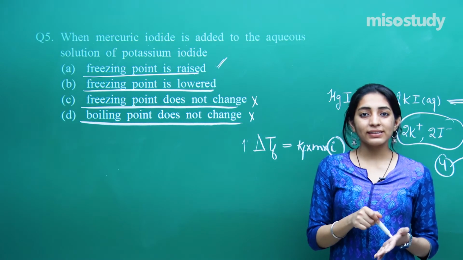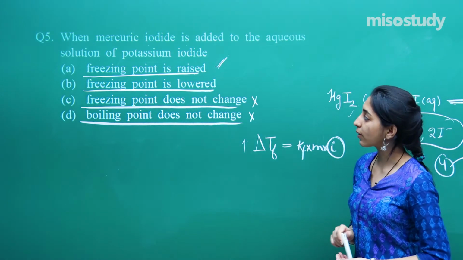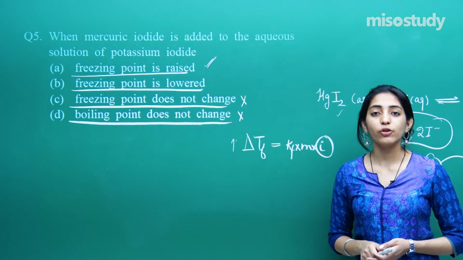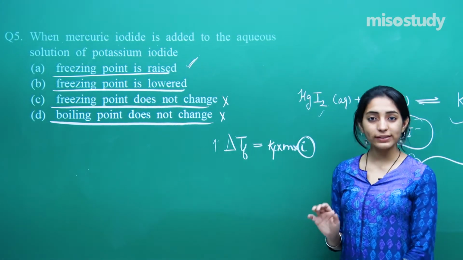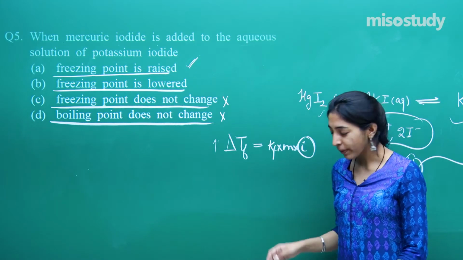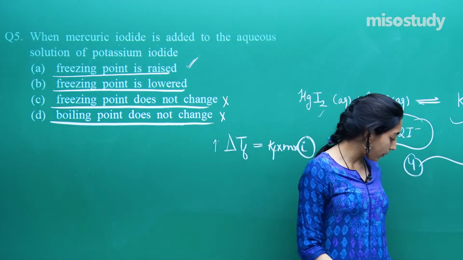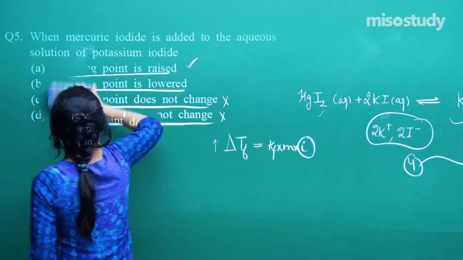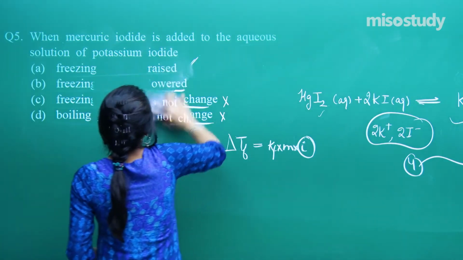So this is the final answer to this particular question, that the freezing point will be raised when HgI2 is added to an aqueous solution of KI. So this was our question number 5. Now we need to move on to the next question, which is question number 6.